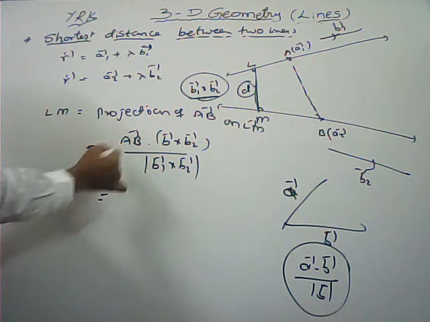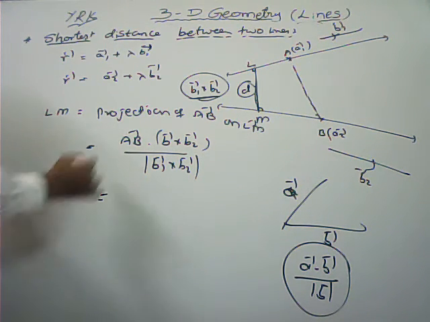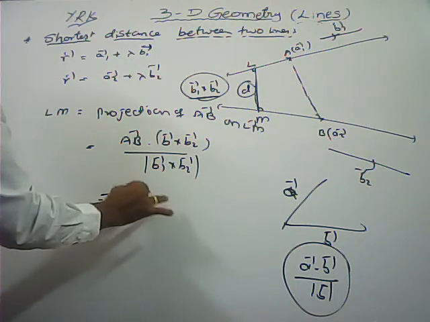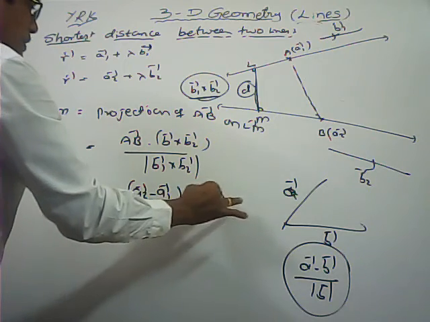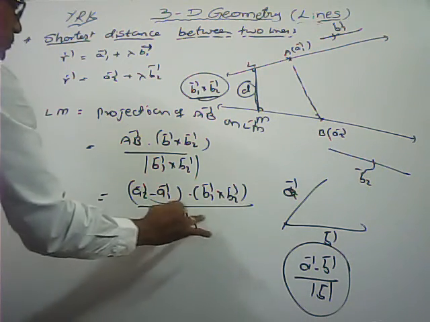And AB bar, how to write that in terms of position vectors? OB bar minus OA bar, that is A2 bar minus A1 bar, dot B1 bar cross B2 bar, whole by modulus of B1 bar cross B2 bar.